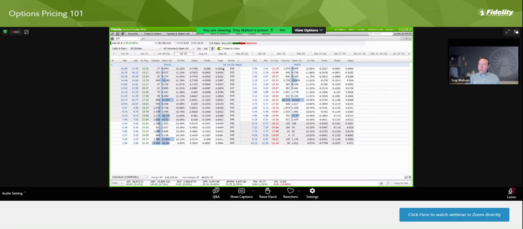So if we're looking out about a month, or about 32 days, it's not exact, we can start looking at some of these strike prices. Okay, 550, this is the call side, right? And this is our put side. 550 is above where we're trading. So the options market expects we're going to be just shy of $5 above 550, or about 555.